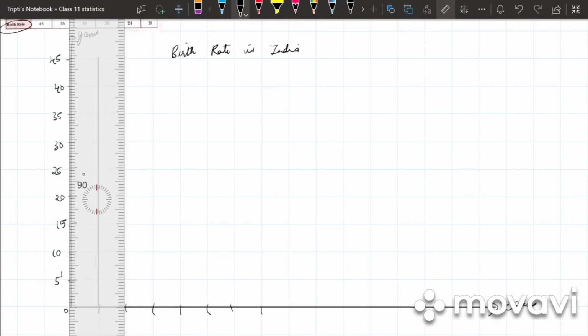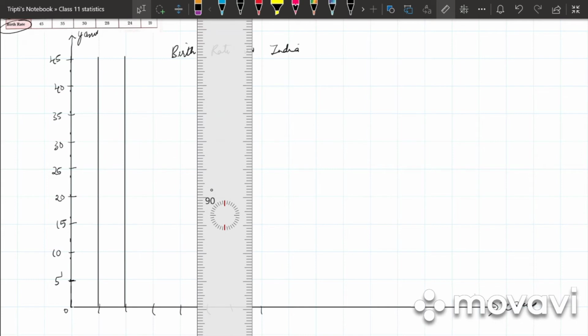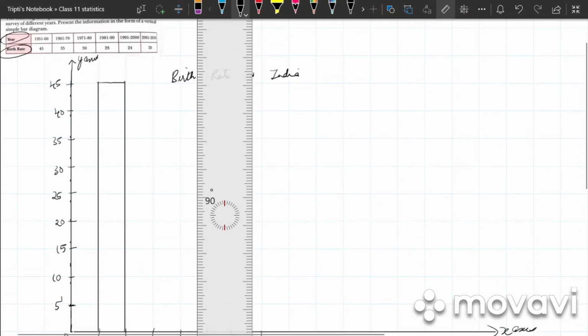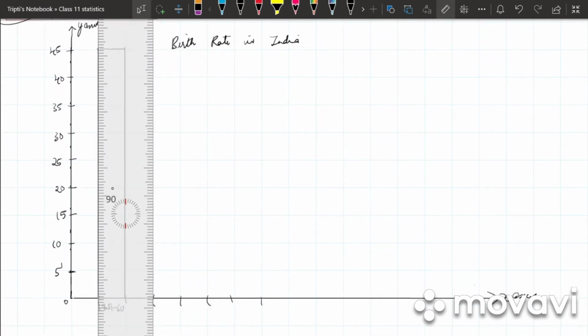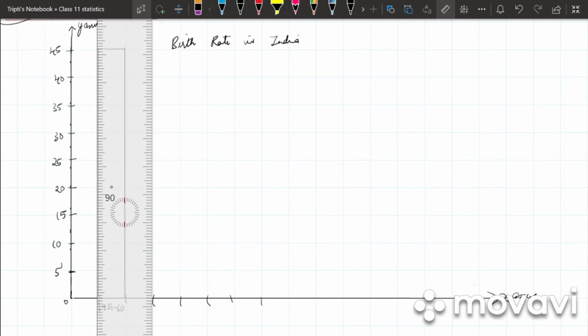So in both the points, mark 45. Where is 45? Here is 45. So you need to mark 45 and write down the year 1951 to 60. Next we have 1961 to 70, we have 35. So again take 2 points. Go to 35.